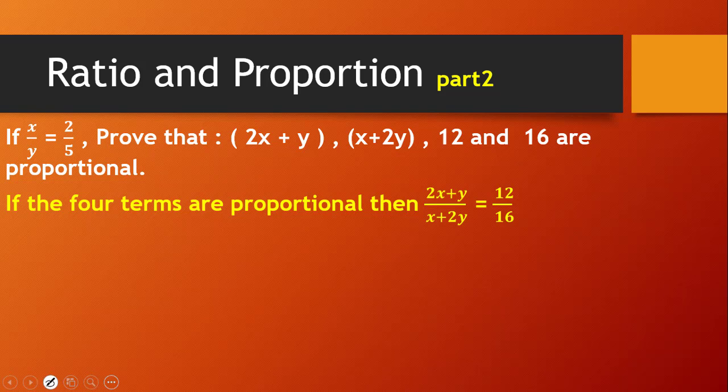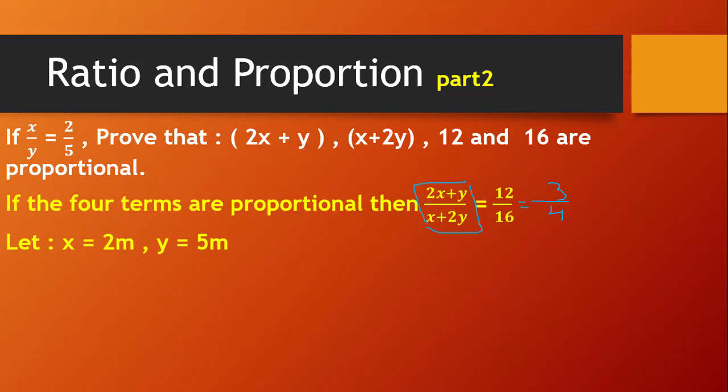If they are proportional, it means 2x plus y over x plus 2y equals 12 over 16. If we simplify 12 over 16, it will be 3 over 4. So I want to prove that this term equals 3 over 4.